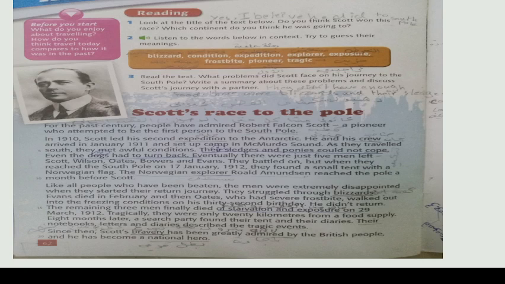If I want to make an adjective, I say a brave person. Scott has been greatly admired by the British people, and he has become a national hero in Britain, the United Kingdom.